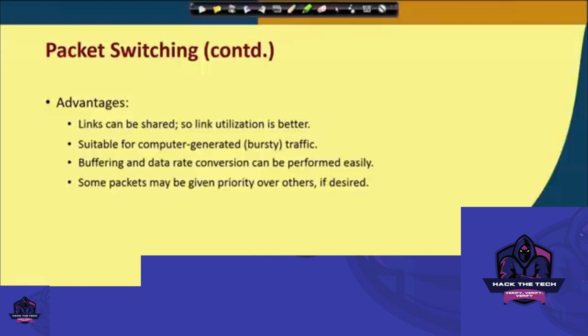So, I can do this kind of data rate conversion also using this store and forward concept. And of course, here you can give some kind of priority to some packets. So, you have several packets in the buffer. The packet which has the highest priority will be forwarded first, like that. Okay? You can assign some kind of packet priority.